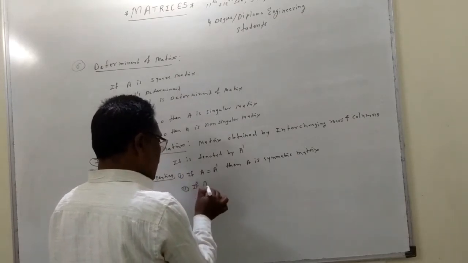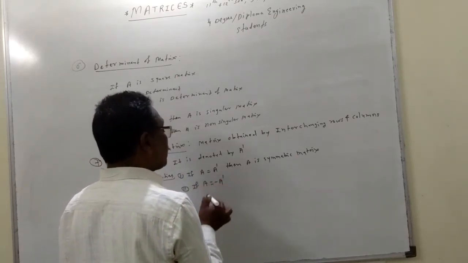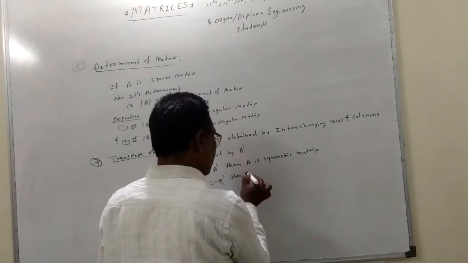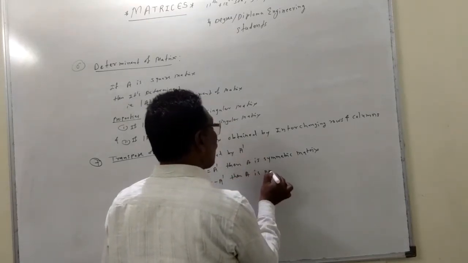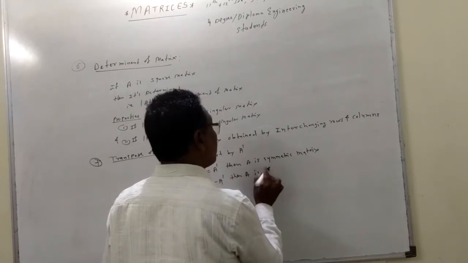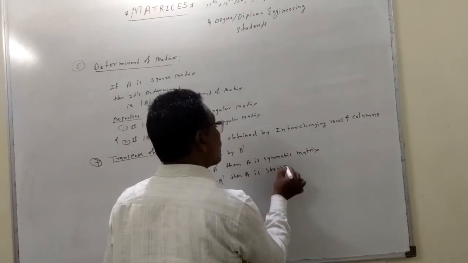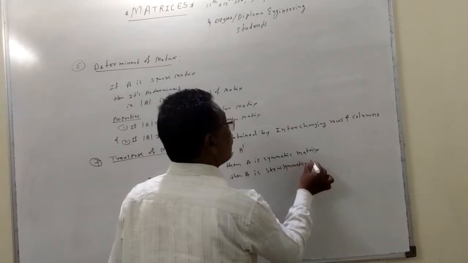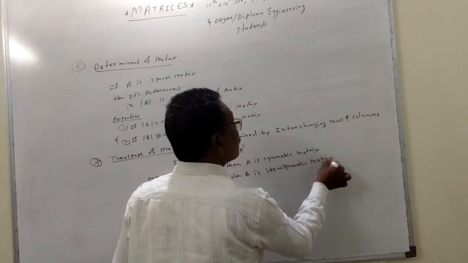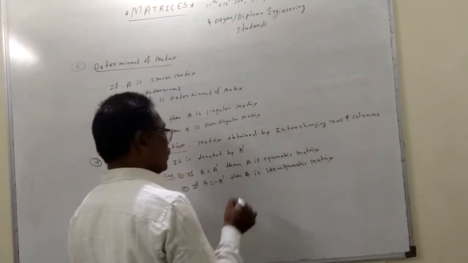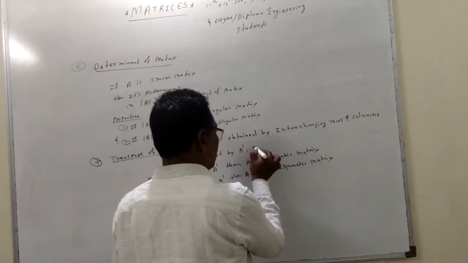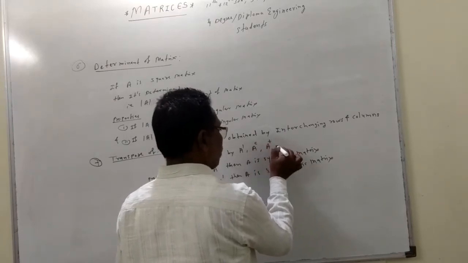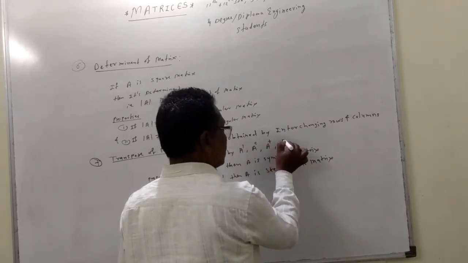If A is equal to minus A transpose, then A is a skew symmetric matrix. It is denoted by A dash, or A transpose, or A star.